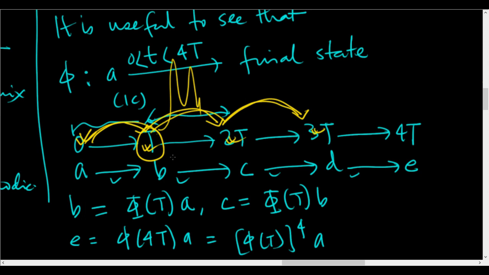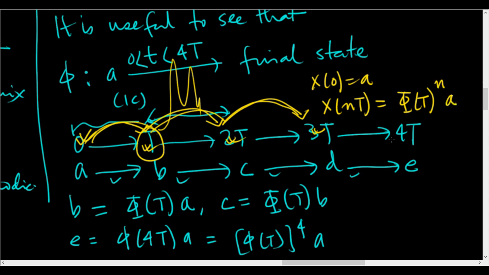If it is finite here and finite here and finite here, we can just look at it once every period. Okay, so what that means is that x of 0 equals a and x of nT is equal to phi of T to the power n times a, and therefore for arbitrary initial conditions, if we ask is there a growing solution, we are just interested in this part.